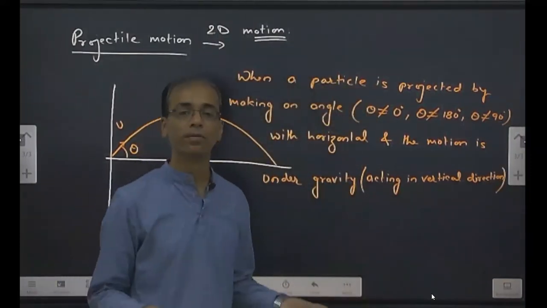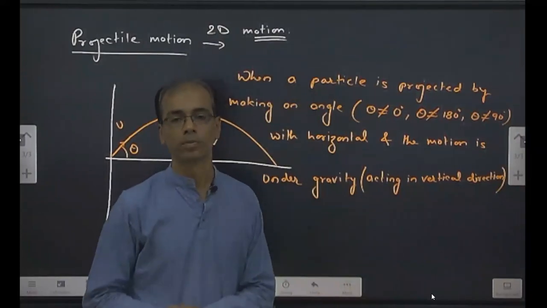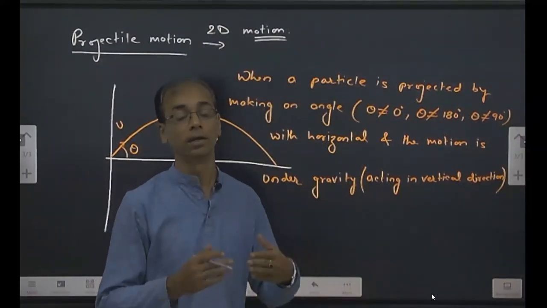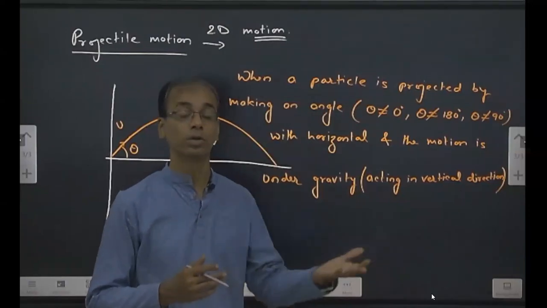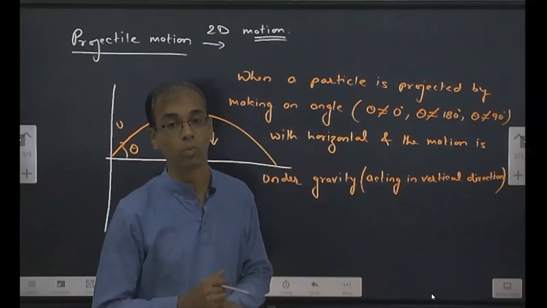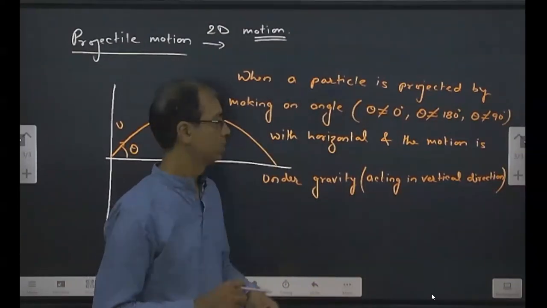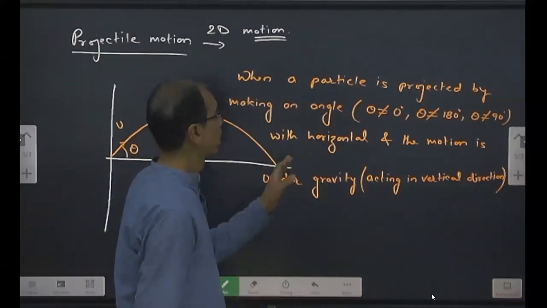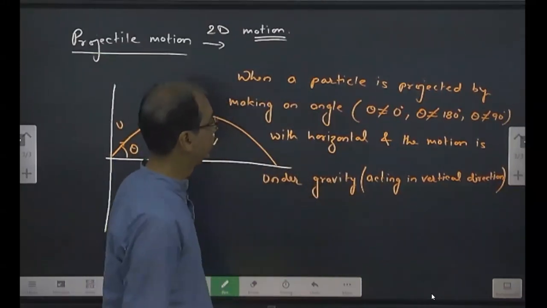Sometimes in place of gravity, you can have any other field also. It may not act vertically, it may act horizontally. Then will the motion still be projectile? Answer is no. So make it very clear: the motion is under gravity, acting in the vertical direction.